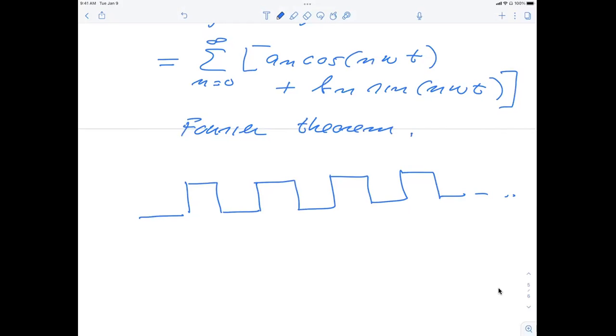You may just have some kind of shape which you are deducing some mathematical expression for. But with Fourier's theorem, you can express it precisely in terms of cosines and sines, and you can mathematically extract these coefficients a_n and b_n.